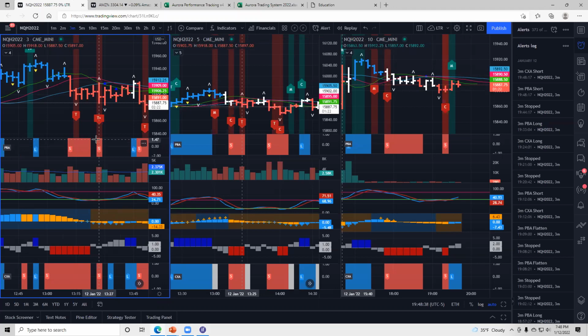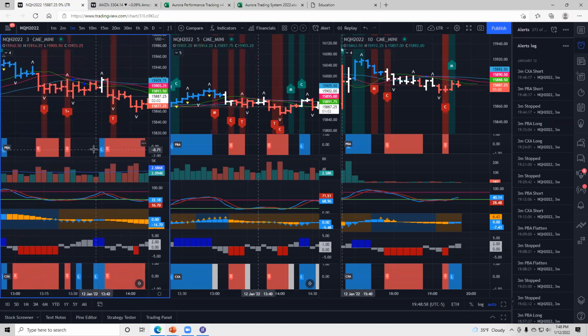And in this case, I'm not scrolled to that point on the alert log, but if that came on at the open of the bar, that would be your next trigger to get into a trade. And it could either be a PB3, or if you have alignment with the CXA, it's a PB35.